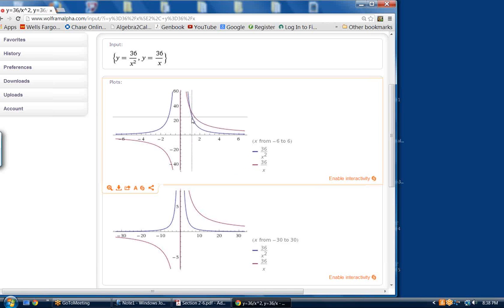The blue comes in deeper. It's because x is being squared. So this becomes a smaller number as x increases. When you put 36 over x squared, that's going to be a smaller number than 36 over x as x gets bigger. So it's worth noting that the blue is underneath the purple as long as we're greater than 1.